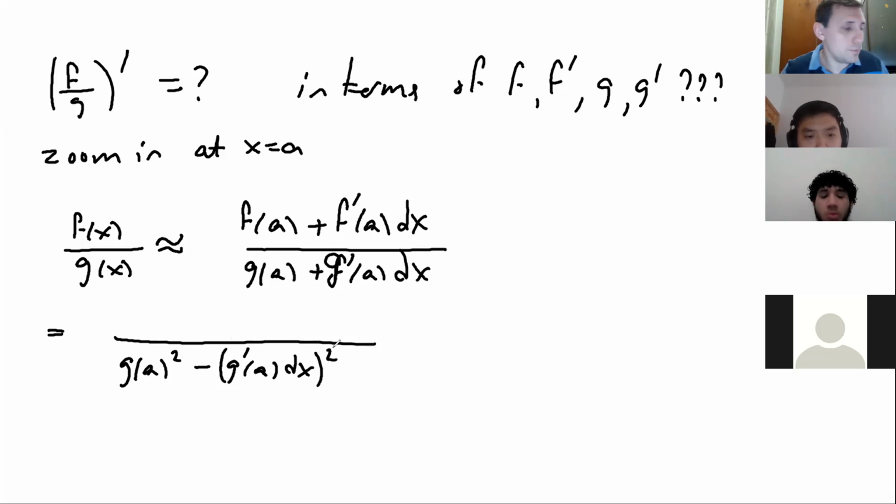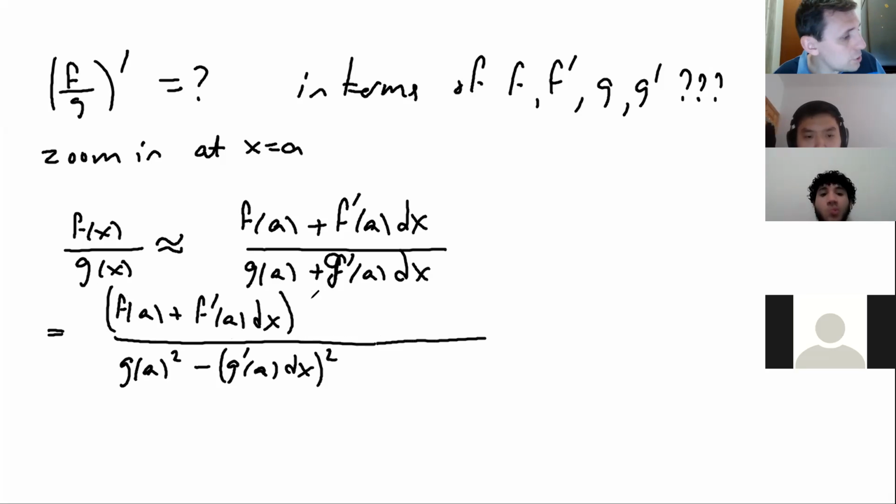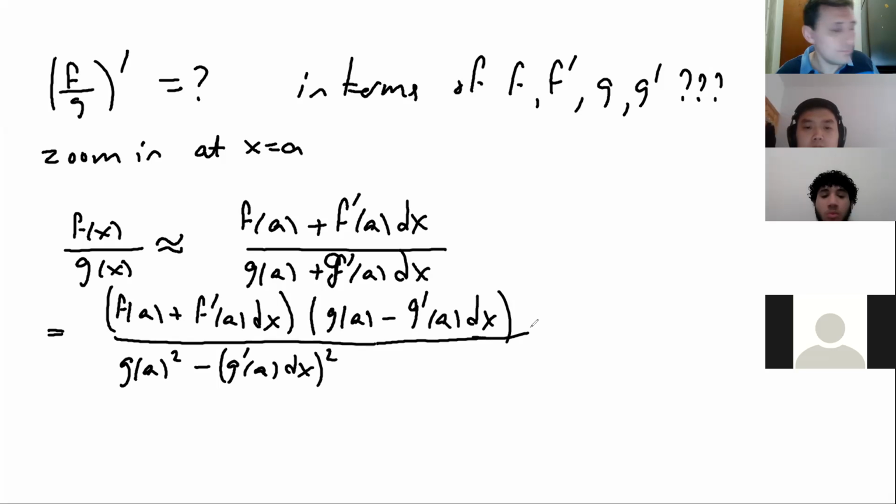You understand what I just did, I multiplied by the conjugate, and the numerator is f a plus f prime a dx times the conjugate of the denominator. The conjugate of the denominator is g a minus g prime a dx. So far you're clear, guys? I just multiplied by g a minus g prime a dx.